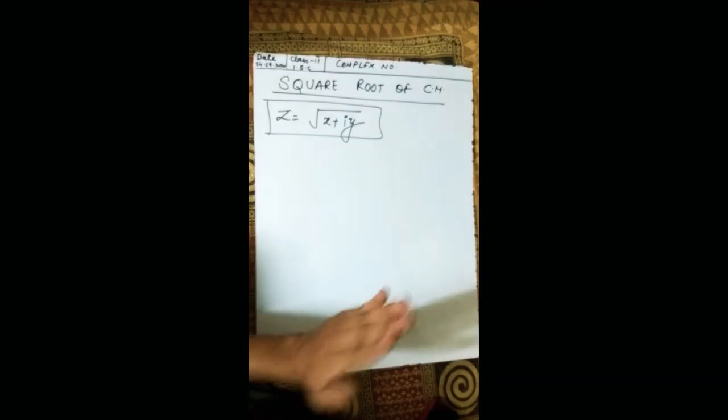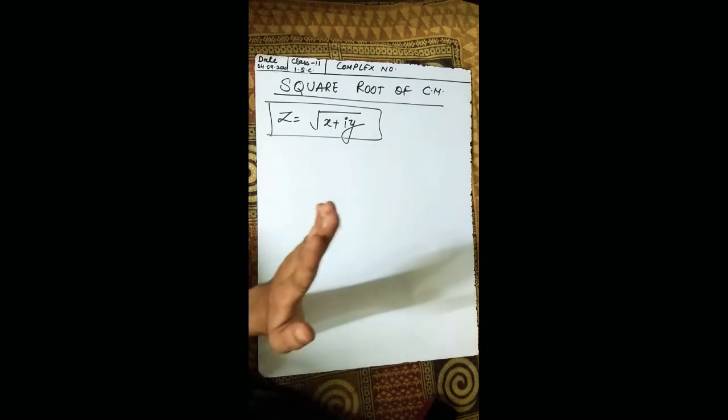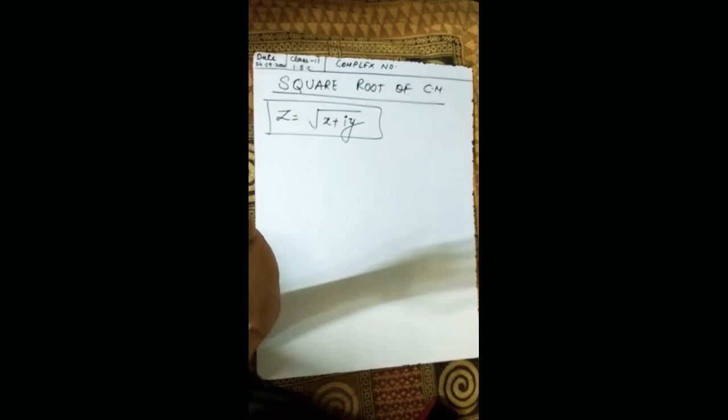Let me take one question and directly take you through the process of how to find the square root of a particular complex number. If you just remember the steps, the criteria, the algorithm of that question, you can easily do all the questions with that.